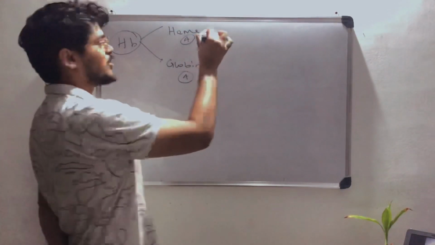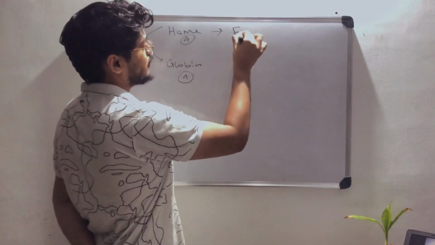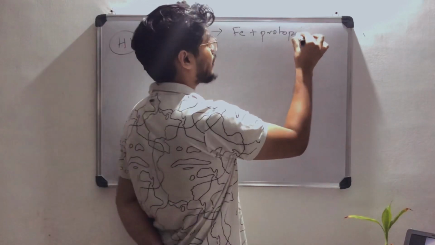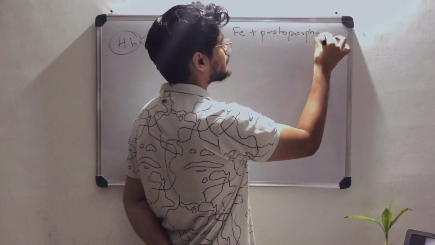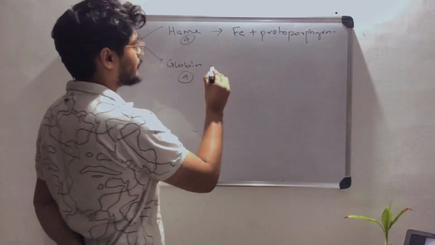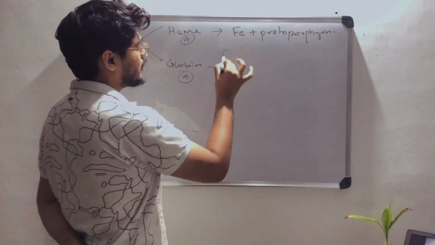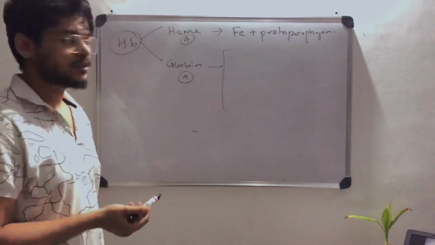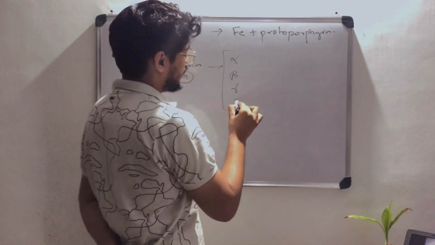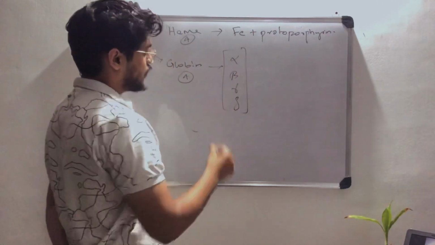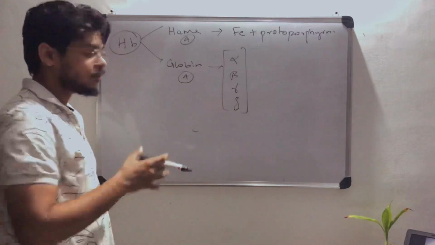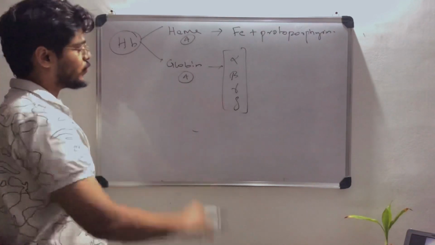So heme is actually iron plus protoporphyrin. Right? And globin, actually there are 4 kinds of globin chains: alpha chain, beta chain, gamma and delta. So these are arranged into 4 chains or 4 molecules of globin.